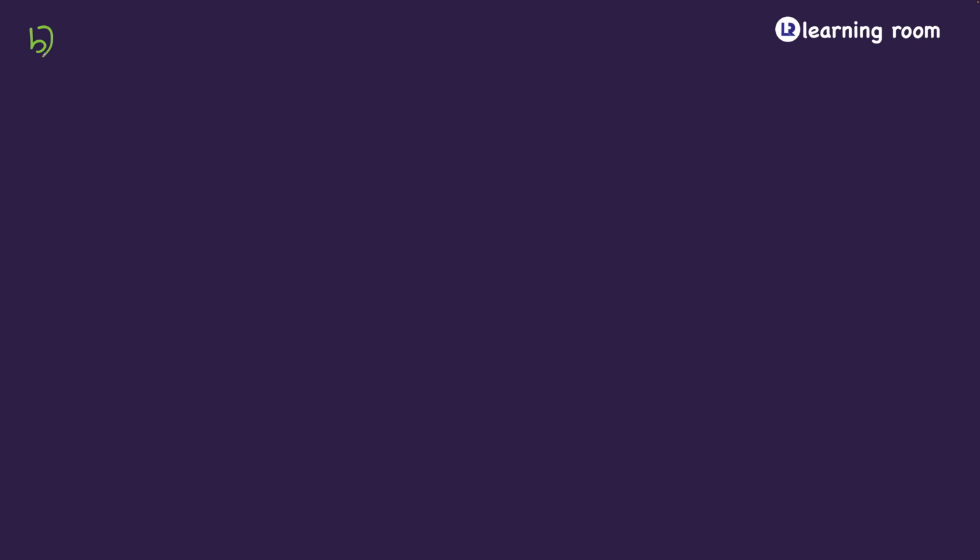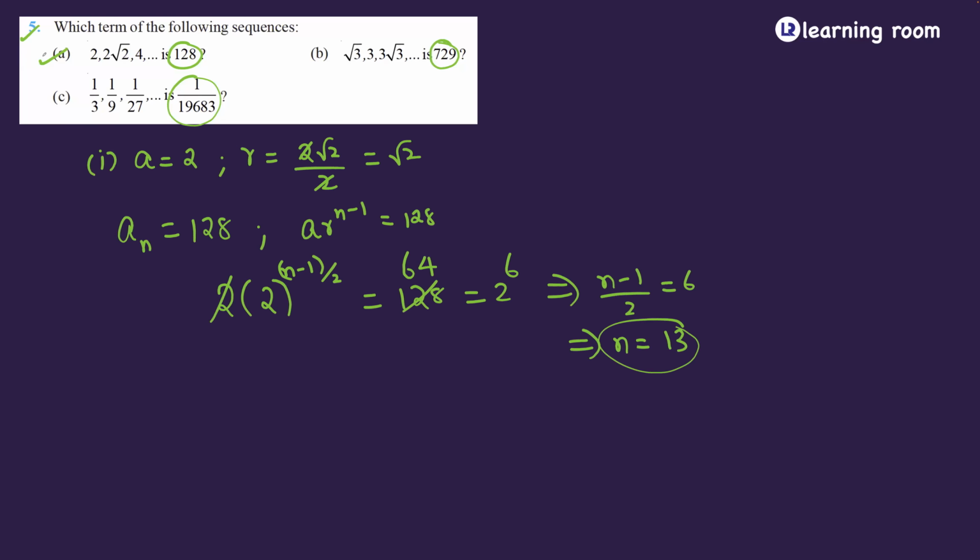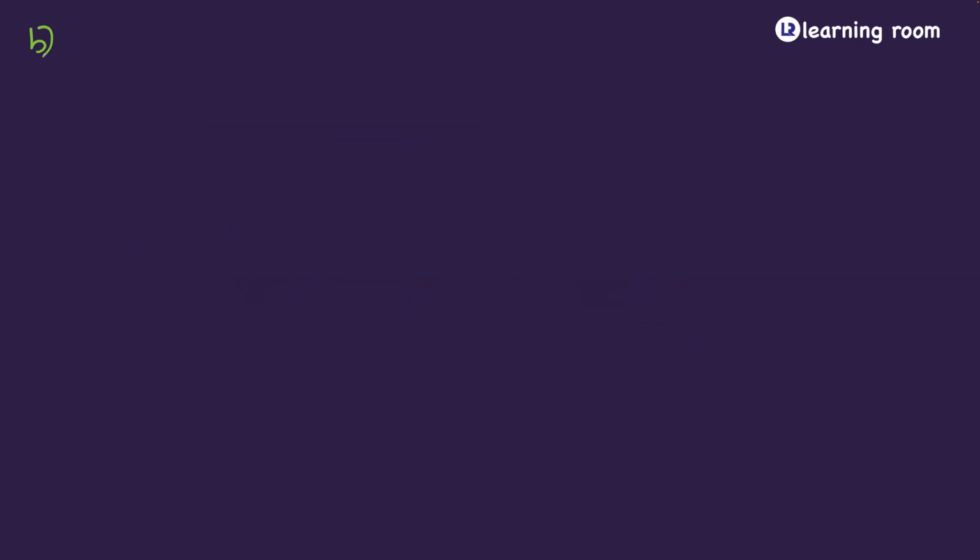So b, what is the question? You have root 3, 3, 3 root 3, and so on. You need 729. You want to find which term 729 is. So a_n is equal to how much? a_n is 729. This implies a times r to the power n minus 1 is 729.